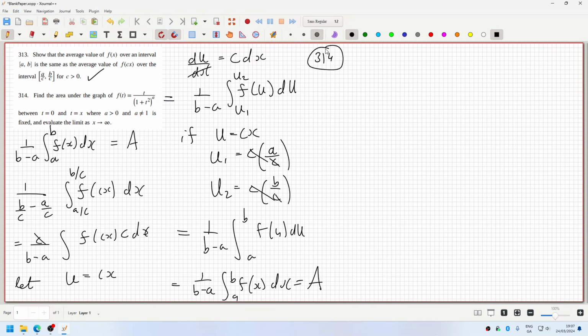314. Find the area under the graph between 0 and x. Okay. So that's the integration between 0 and x, where a is a positive, and I assume x is a positive as well, although it doesn't actually say that. t over (1 plus t squared) to the power a dt.